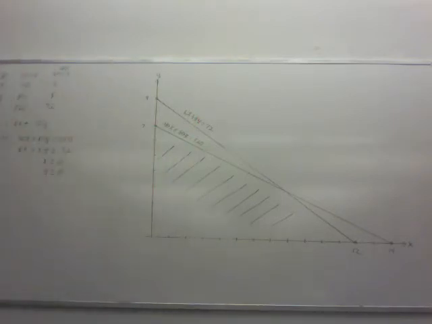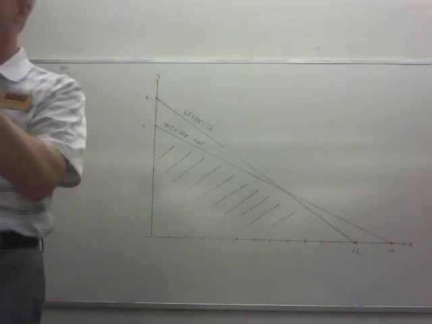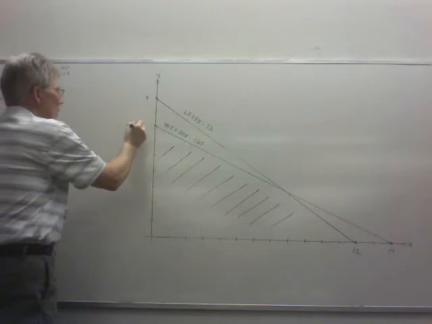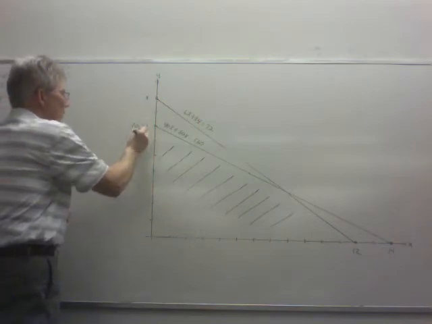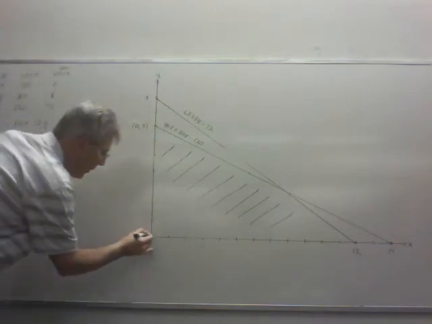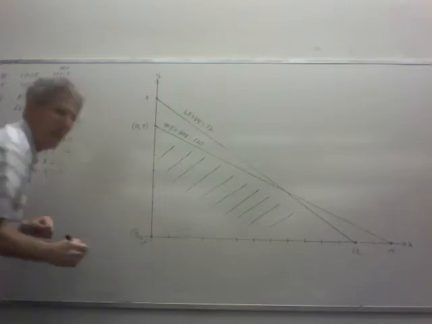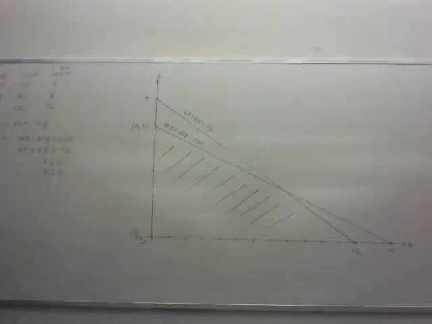Now the next thing we want to do is identify our corner points. Well, in this case, they're very, very easy. They should all come out on whole numbers. That's why you want to use graph paper and a straight edge. Got one right here. That corner point is 0, 7. We have one here. We don't really care because we're not going to buy 0 cabinets, but that is a corner point.